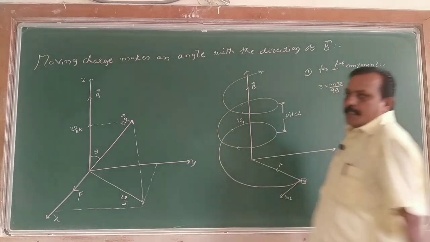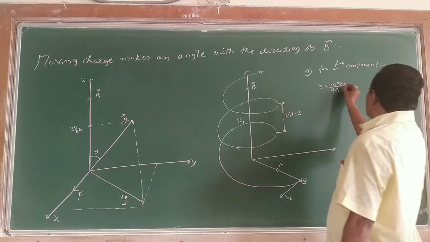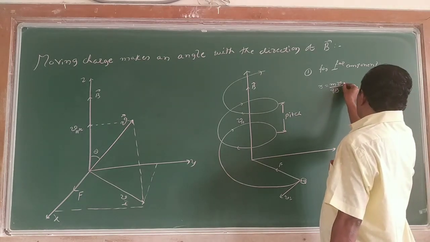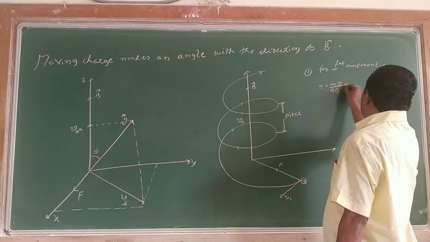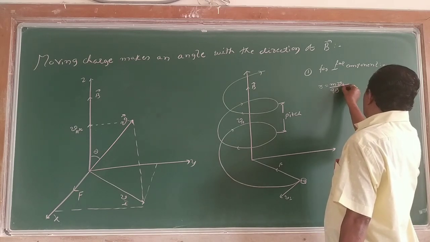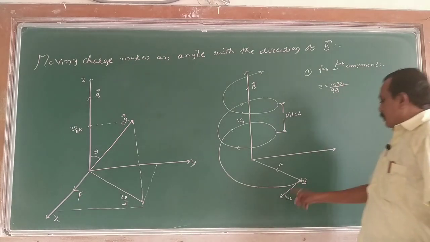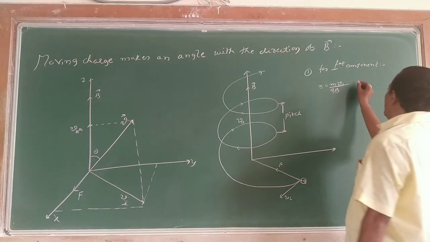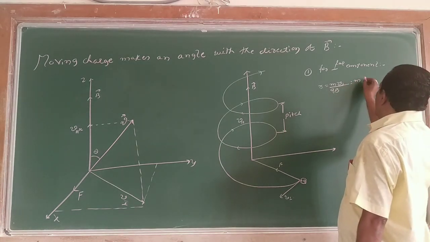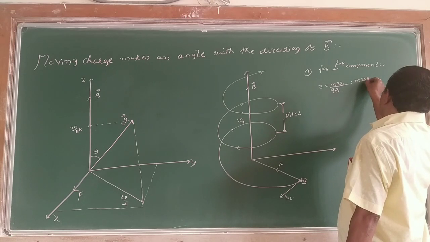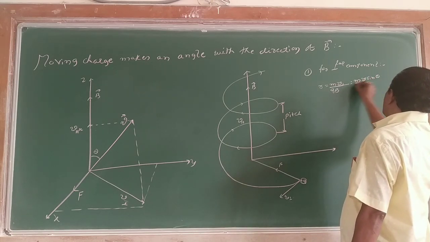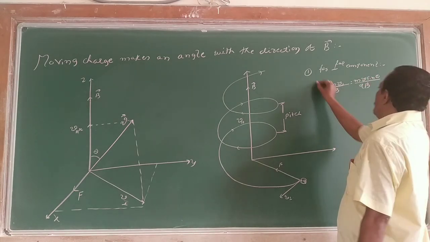Already we have studied which component makes the charged particle move in a circular path: the one with velocity perpendicular component. So m, what is v? V perpendicular, v sin theta. The parallel component is v cos theta. So r equals m v sin theta divided by qB.